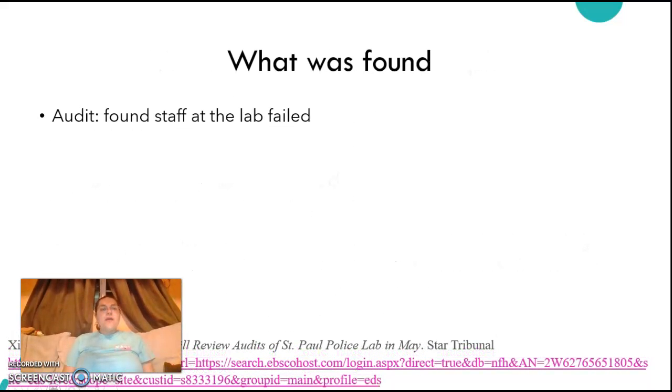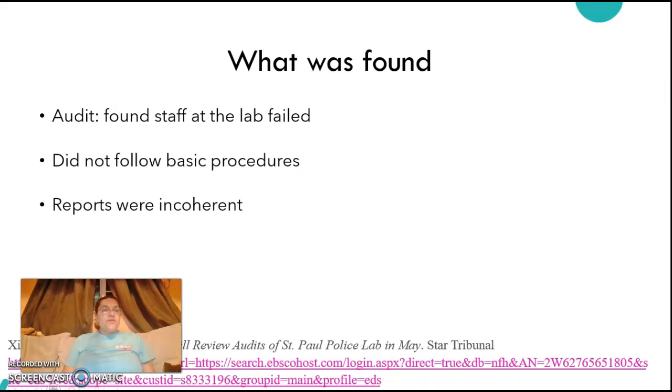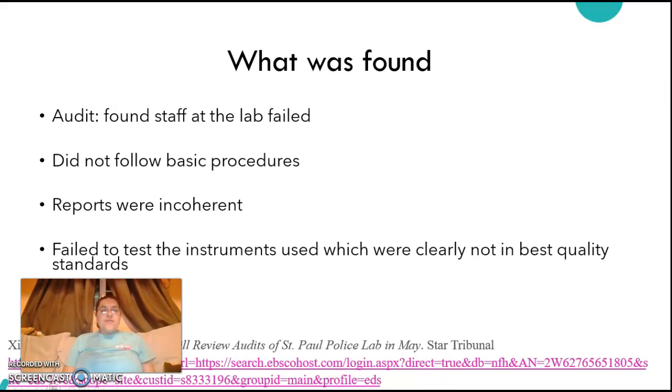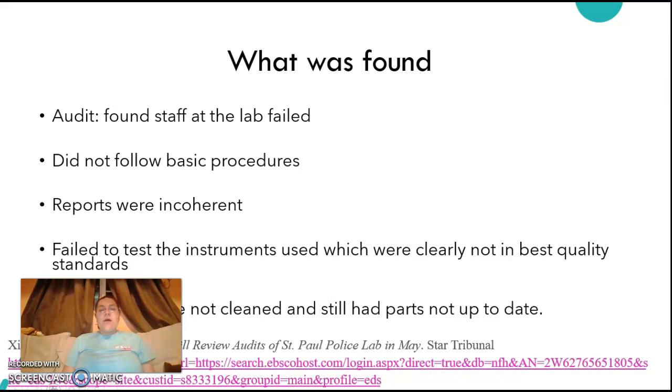What was found at the audit was that the lab failed. The staff did not follow basic procedures, as well as reports were incoherent, and they failed to test the instruments used, which were clearly not in best quality standards, as well as instruments were not clean and still had parts not up to date.